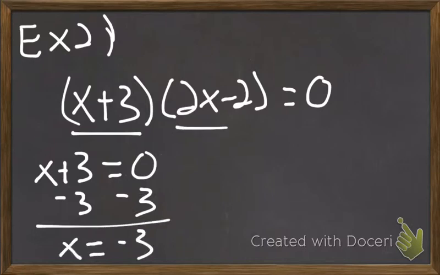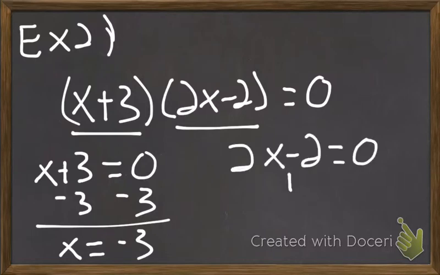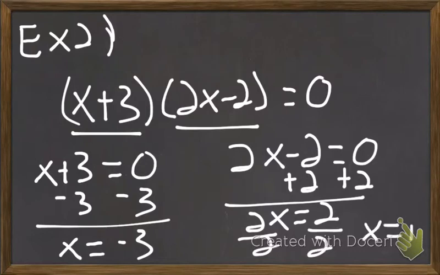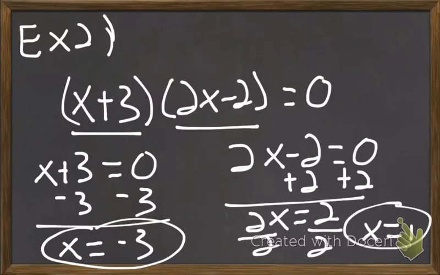Or what would happen if this guy is 0? It's still going to be something times 0, which is still going to be 0. So we set the other guy equal to 0, and you do a little bit of work here. And what do we get? We get 1. So one of our answers is this, our other answer is this. We have two answers here.